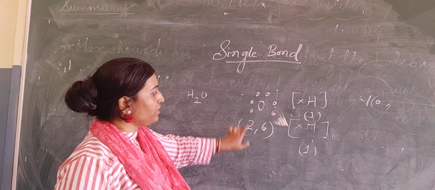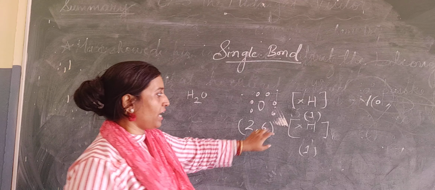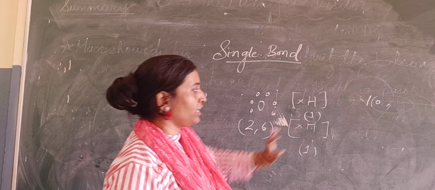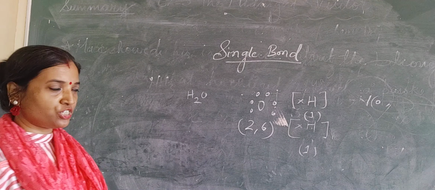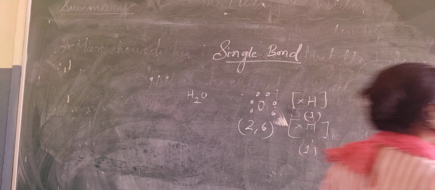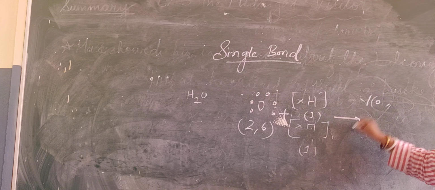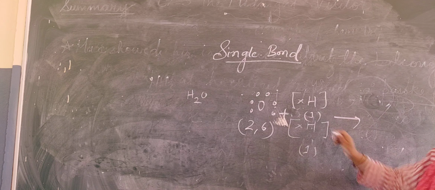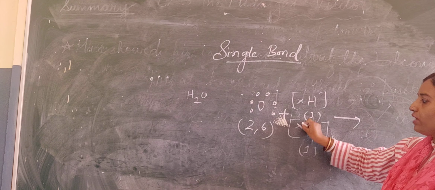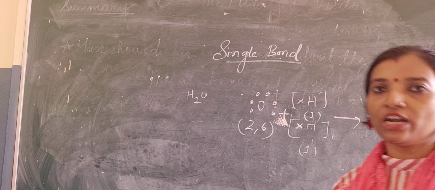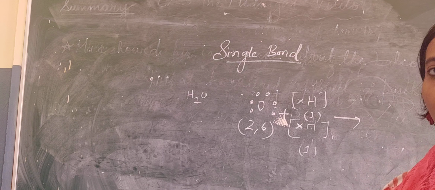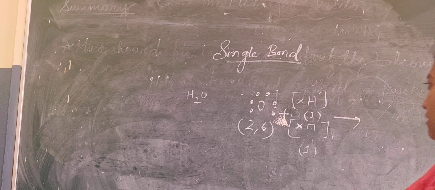This oxygen is having 6 electrons in the outermost shell and hydrogen is having only 1 electron in the outermost shell. Okay, after drawing this, student, you will overlap. Okay, you will overlap the structure. Now see how the overlapping will be done.